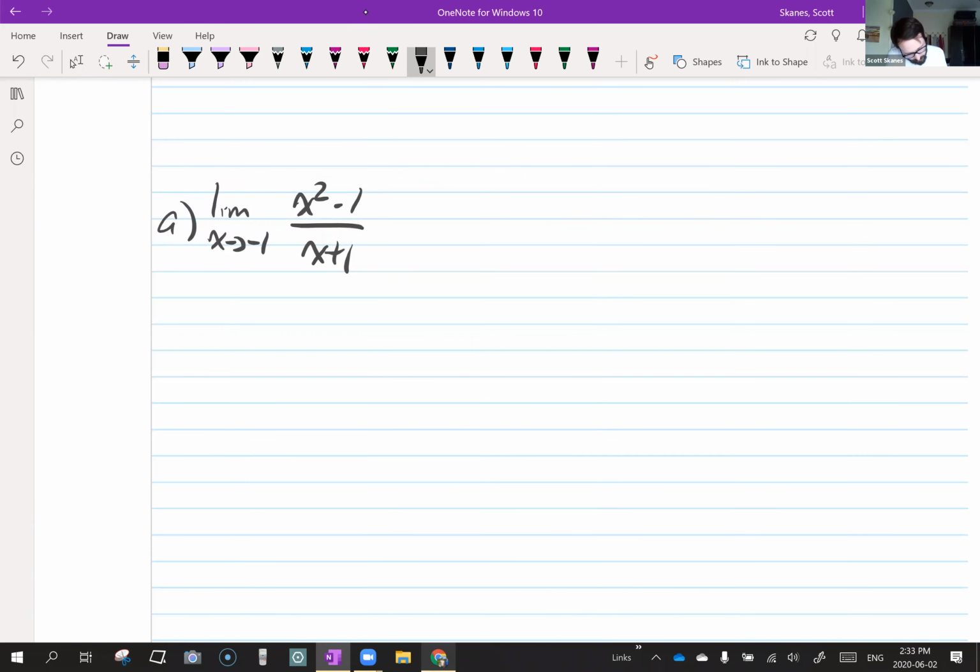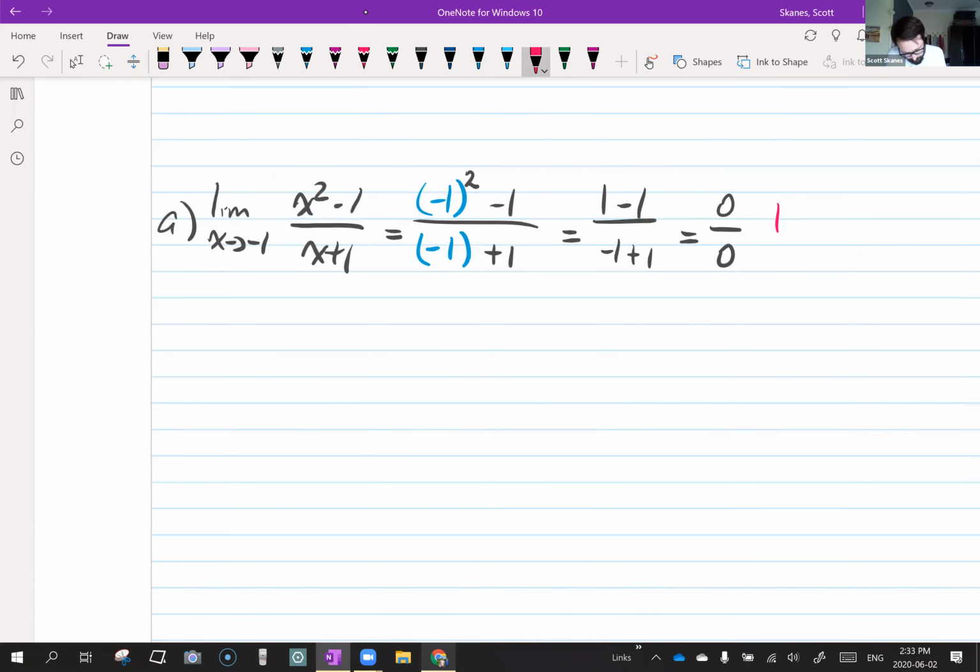Can I do it directly? I would have -1. Make sure you put in the brackets or else it's going to break on you. -1 plus 1. That gives us 1 minus 1 on top. That gives us -1 plus 1 on bottom. That's 0 over 0. That's called indeterminate form, or in other words, impossible to do.